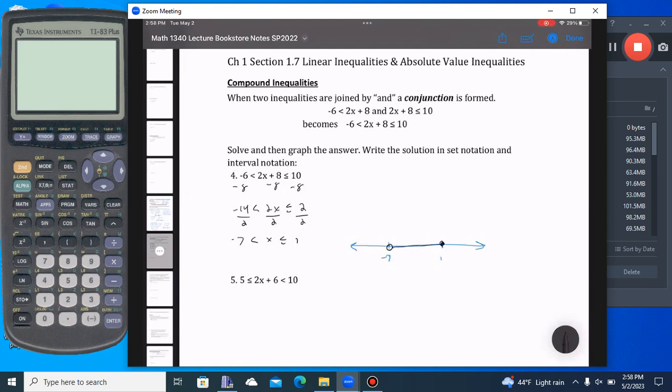So we write this as set notation x such that negative 7 is less than x, which is less than or equal to 1. Or you can write as interval notation, parentheses, negative 7, and 1 bracket, since it's included. Main thing is you do something to the middle, you have to do it to both sides. And the middle tells you what you have to do. You have to do the opposite in order to get that x by itself.